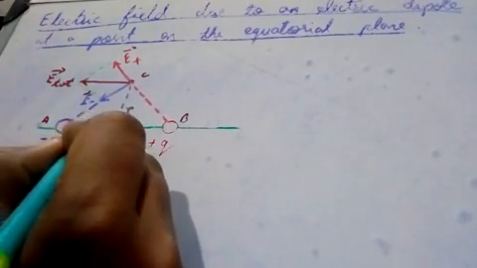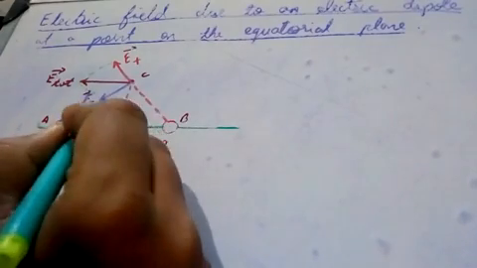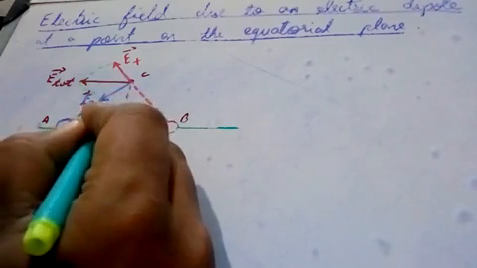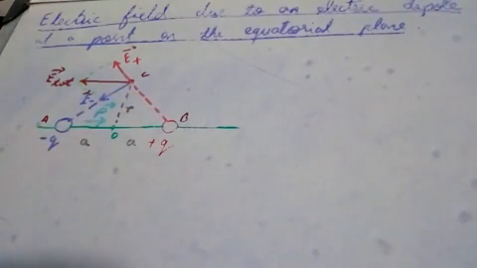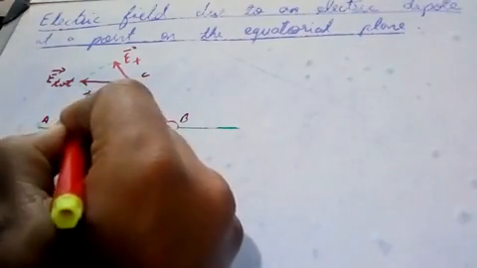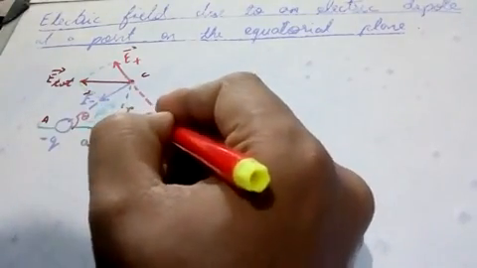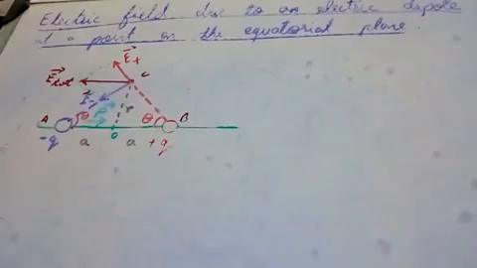So the dipole moment goes this way. This is the direction of the dipole moment, P vector. Then let's take the angles also. Let me mark this angle as theta. This angle is theta, and this angle is also theta.